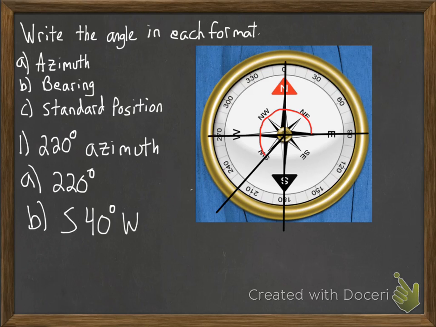It's at 220, which is 50 short of 270, or 50 past the negative x-axis. So it'd be 180 plus 50, which would be a 230 degree angle in standard position.